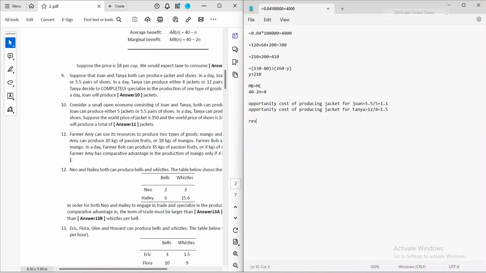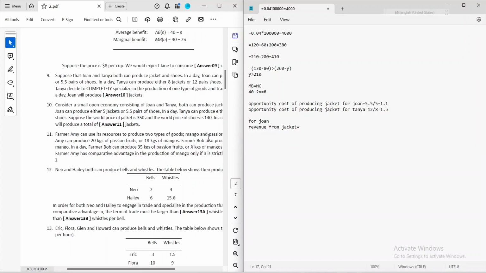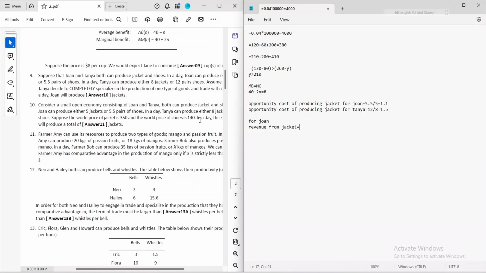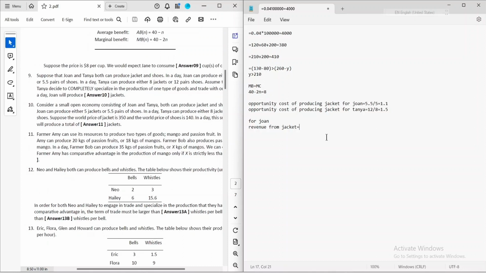So revenue for John. Revenue from jacket is, what are the units? John can produce 5 jackets, so 5 times 350, which is 1750. Similarly, from shoes, this is 5.5 times 140, and this is 770.